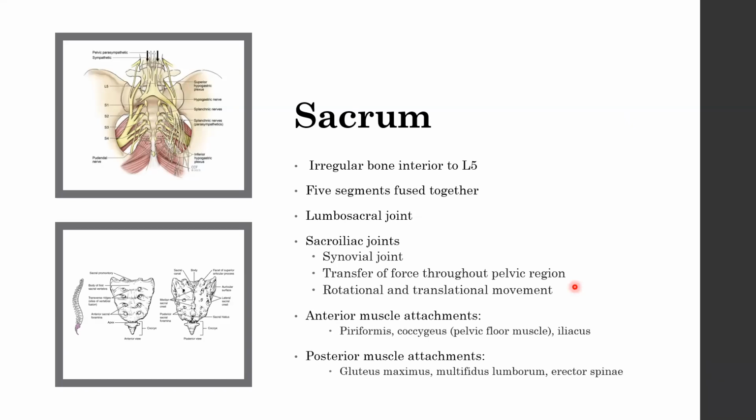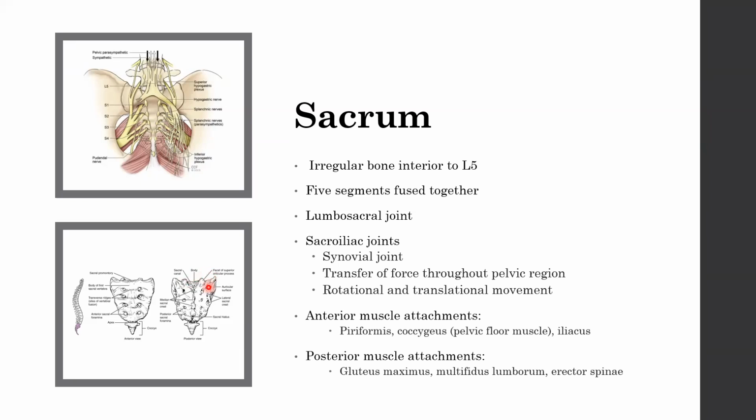For our sacral region, this is essentially an irregular bone that is made from 5 fused vertebral segments. The sacral bone's articulation with L5 will occur about the superior articular facet regions, and it mainly serves as not only a base for our vertebral column, but also for various muscle attachment sites, both on the anterior and posterior aspect.